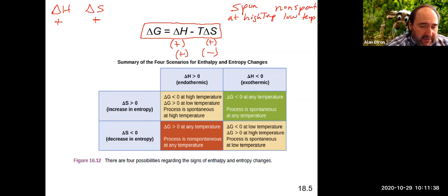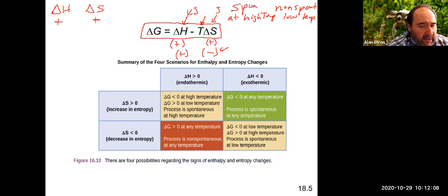Because it's subtracting, what that means is, if you remember, this one is in kilojoules and this one is in joules. So delta H has basically a 1,000-fold jump on it. In order for the back end of this equation to overtake the front end with our delta H, we would need a really high temperature to get our negative part to be higher.